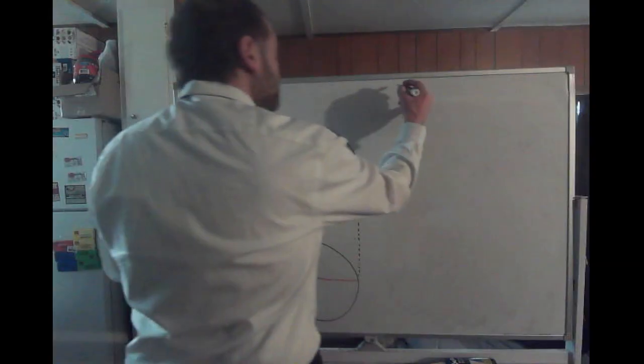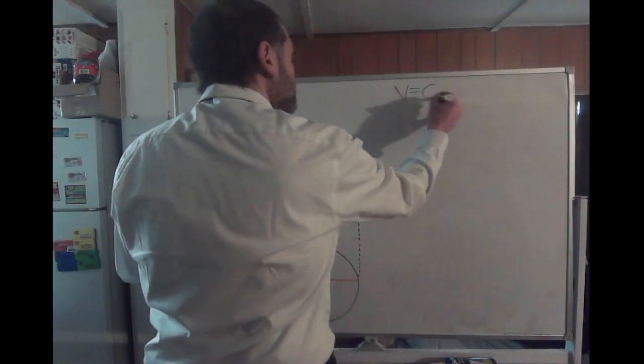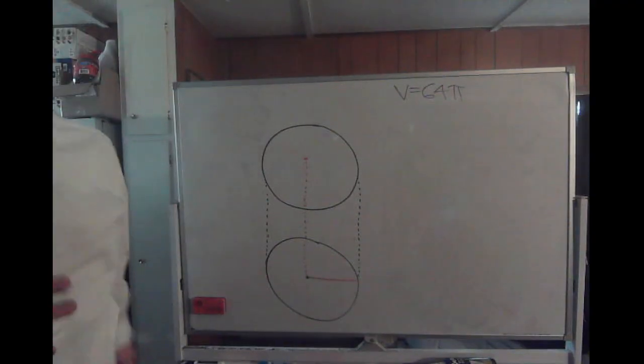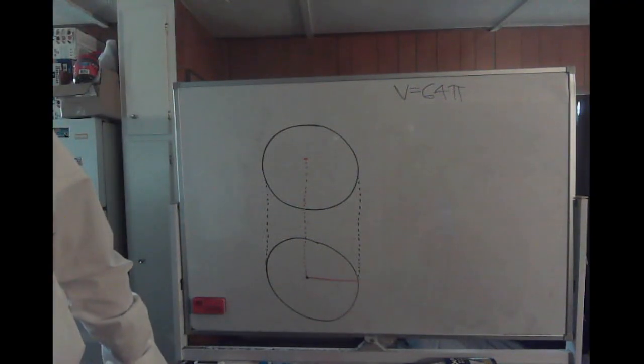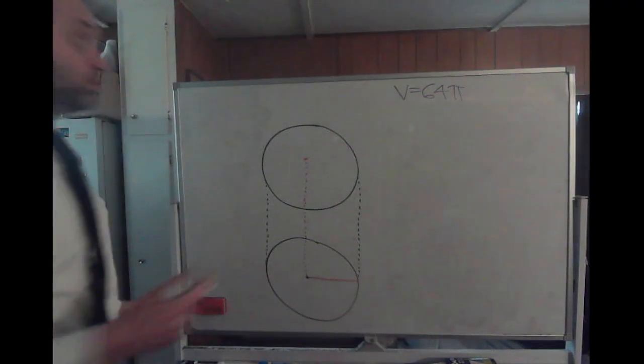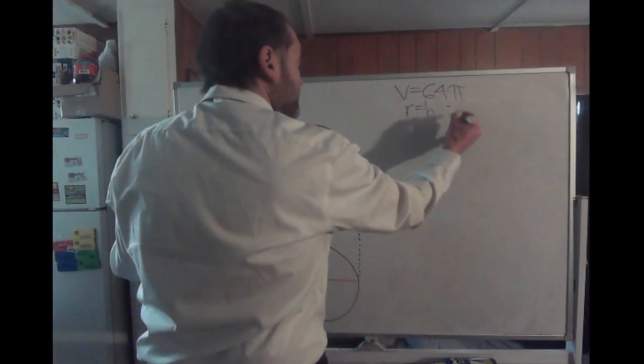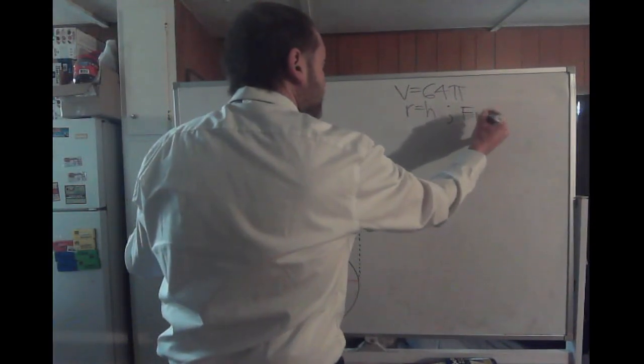They give you that the volume of this cylinder is 64 pi cubic units. We got the volume this time. We also got that the radius equals the height. They want you to find the radius.